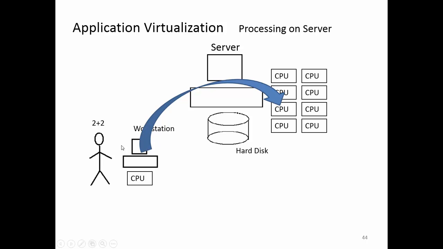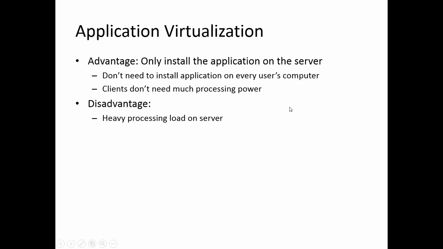The application appears to be running on the user's local workstation, but actually it is running up on the server. In application virtualization, the advantage is that we, as technicians, only have to install the application once on the server. We don't need to install the application on every individual user's computers.